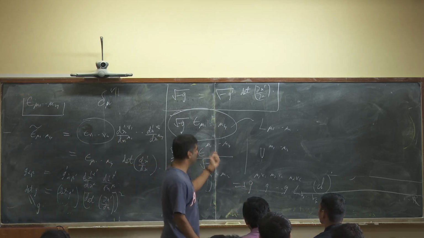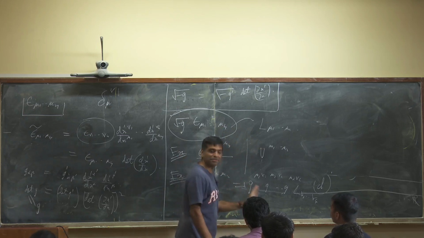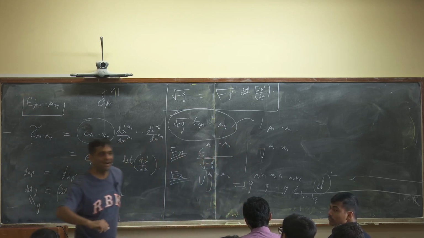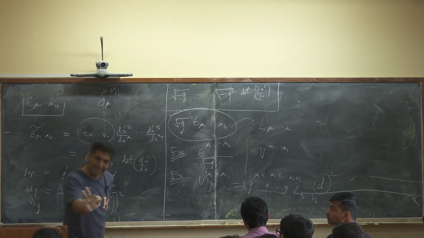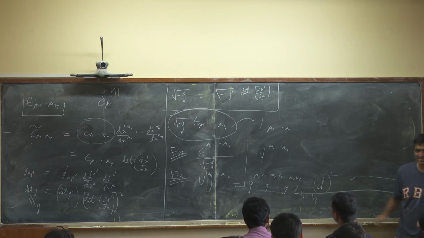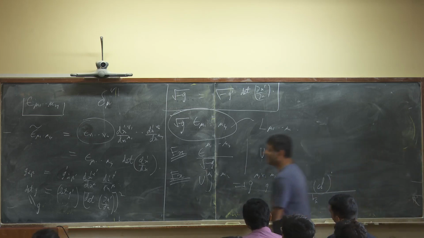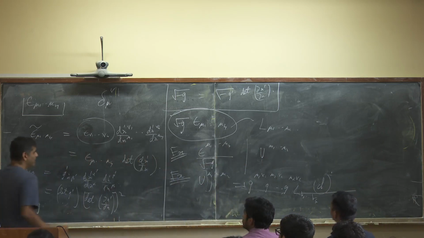We'll have to define this. The orientation of this and the orientation of this will have to be defined to make this work, so up to some plus minus. No? Okay, fine. You do it when you do your exercises. This is the second invariant tensor that's very, very useful.